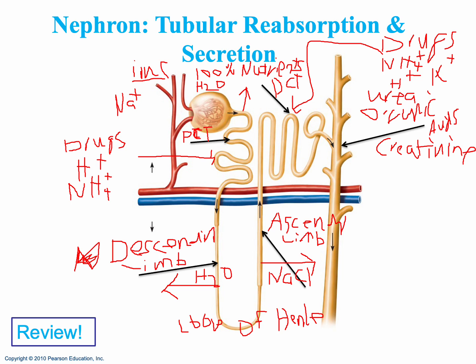Okay, so those items leave through tubular secretion. What about reabsorption, right? Well, the one major item when we think of reabsorption here, two actually I should say, would be sodium. Sodium is reabsorbed in the DCT. So sodium and calcium, Ca plus 2.